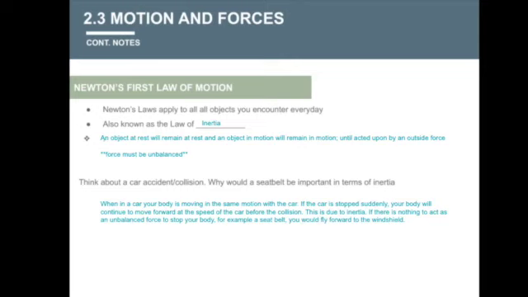If there was nothing to stop you, you would continue forward. That's why a lot of people who aren't wearing seatbelts in a collision can be thrown from the car, because their body still has inertia of that original motion, and they're going to continue forward if they're not stopped by something such as a seatbelt.